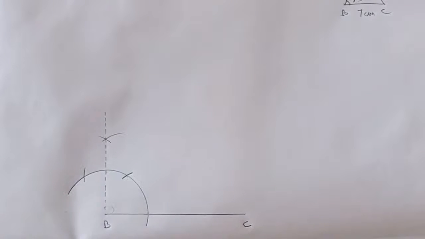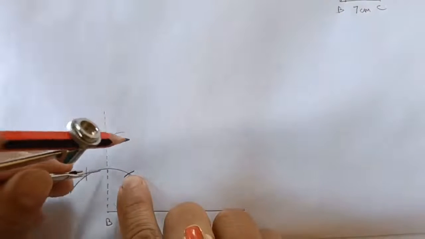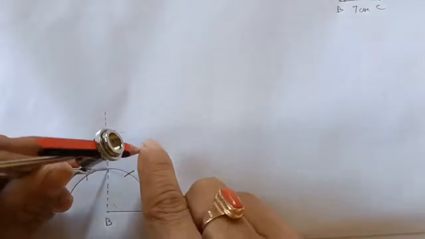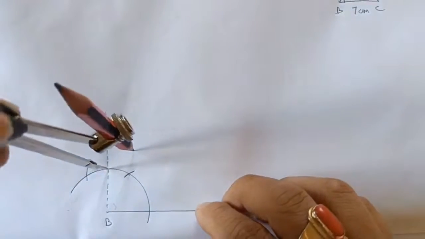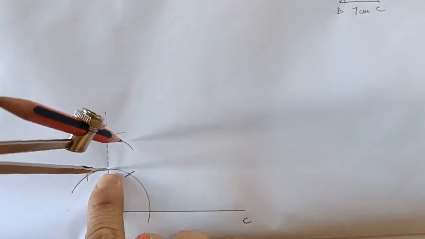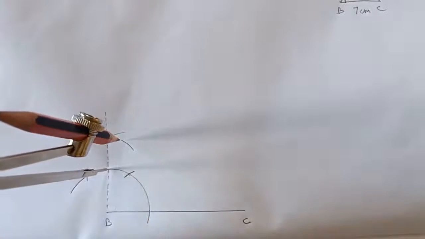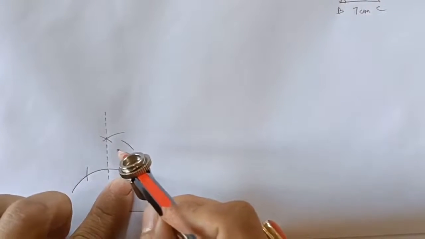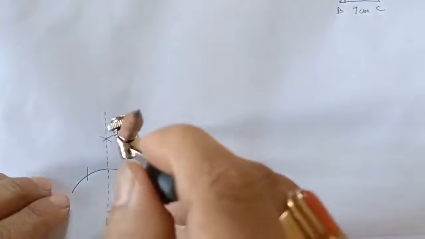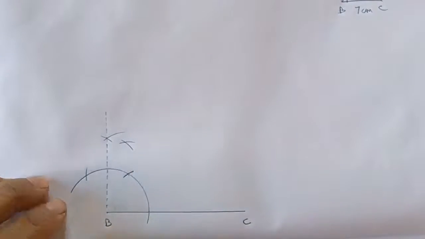So 60 plus 15 will be our 75 degrees. To bisect this angle, let me draw an arc like this with center at this point, and with center at this particular point, let me draw an arc intersecting the previous arc.